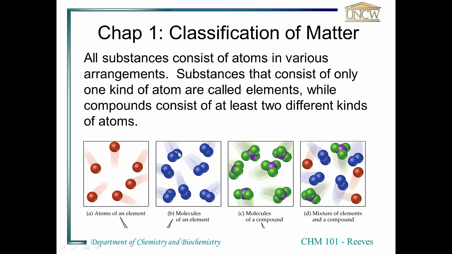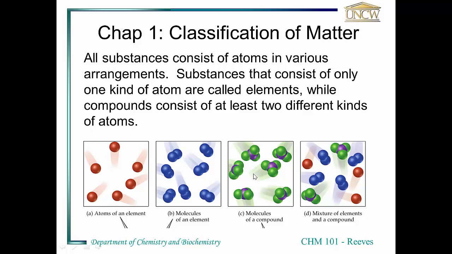But this time, instead of having atoms, you have molecules, diatomic molecules, and many elements, such as oxygen and nitrogen, exist in nature as diatomic gases. Others, such as bromine, exist in nature as diatomic liquids, and iodine is a diatomic solid. These are all pure substances, and they're all elements.